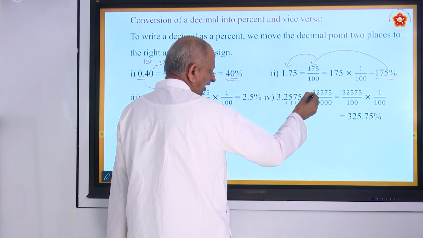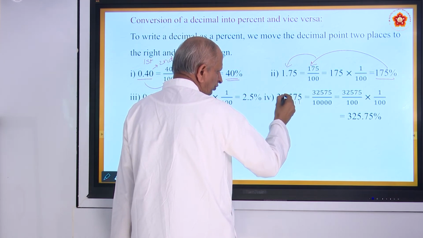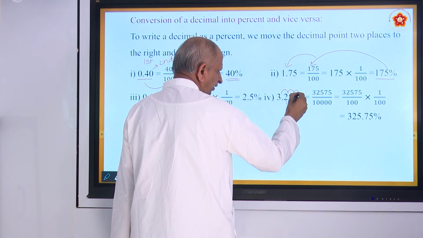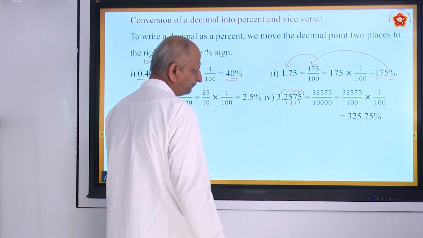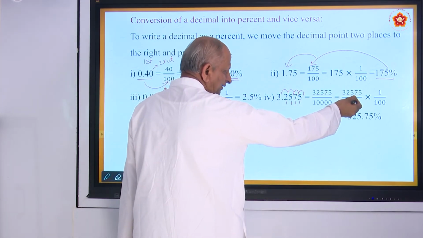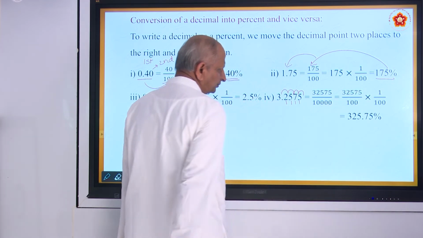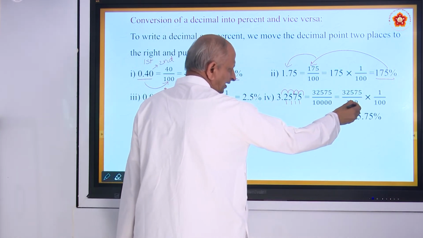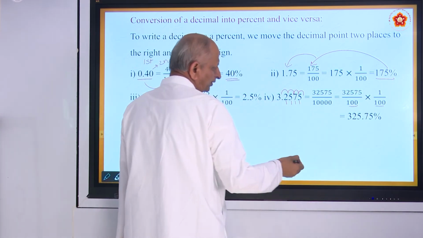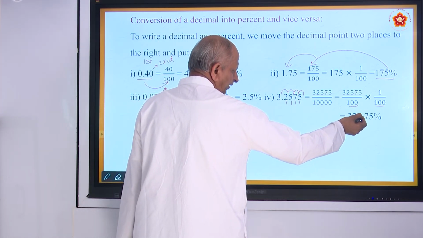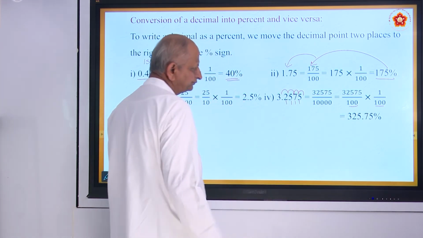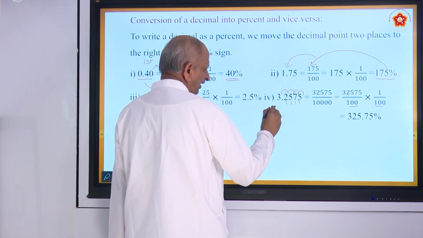So numerator have 32575. So move this point 1, 2, 3, 4. So 32575 by 100 into 1 by 100, because 10000 means 100 into 100. So this will be 325.75.